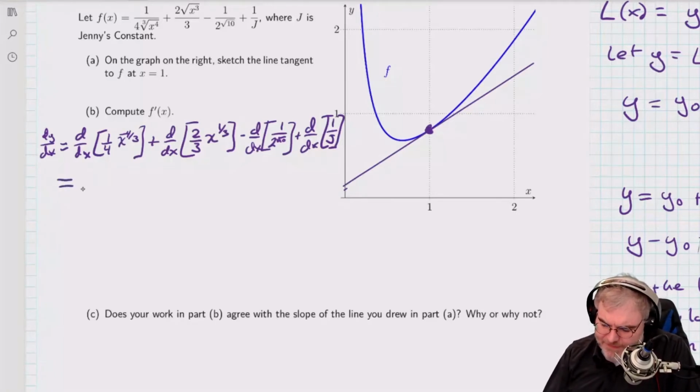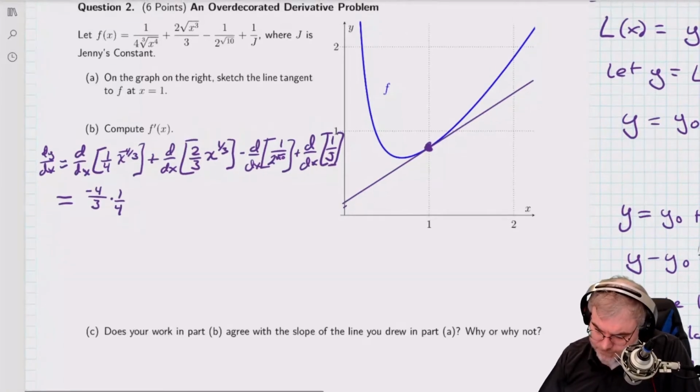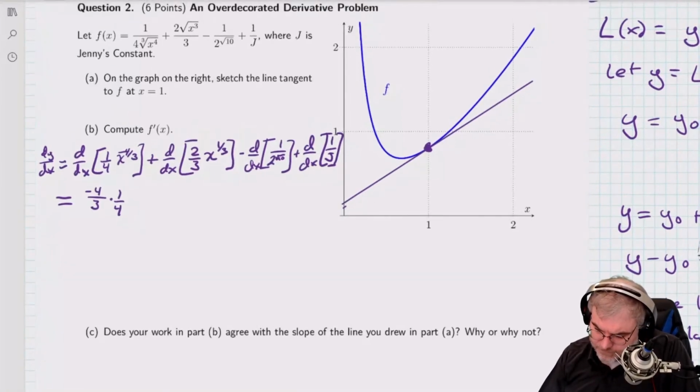Okay, so this is going to be -4/3 times 1/4. Yes, that should actually be to the 3/2. I messed it up.